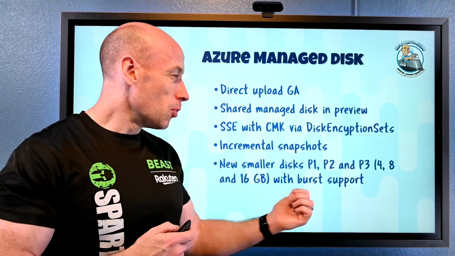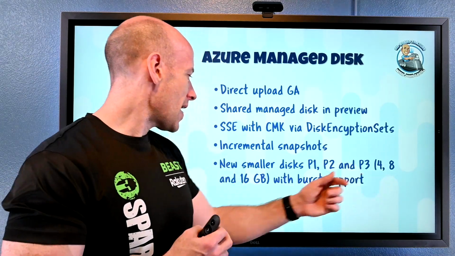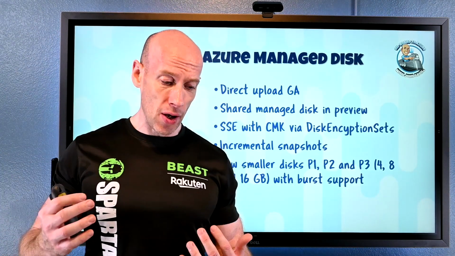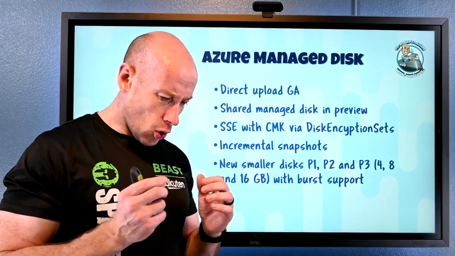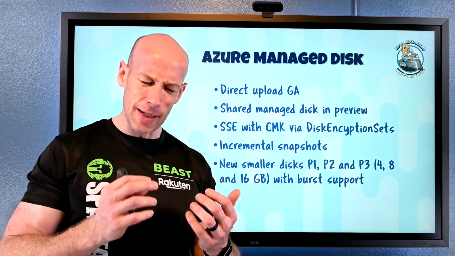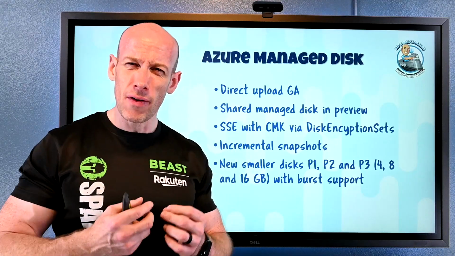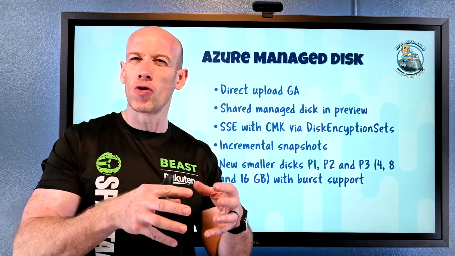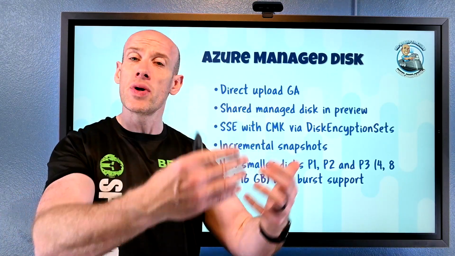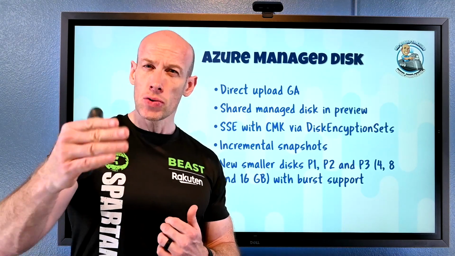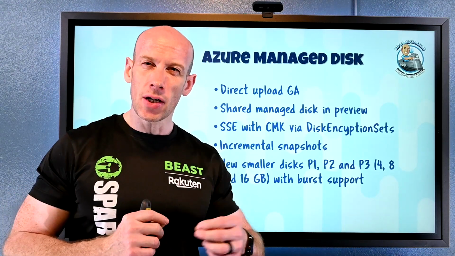And there are these new smaller disks, the P1, P2, P3, 4, 8 and 16 gigabytes, and they all support bursting. So what's really cool is all of these up to, I think, the P20, they now support bursting. Bursting is the idea, I have a certain amount of IOPS and throughput based on the disk size. That's always available to me. If I use less than that, well, I start to accrue credit.